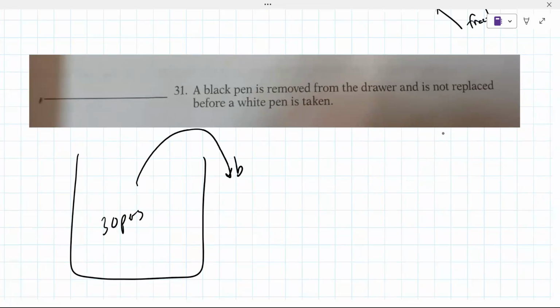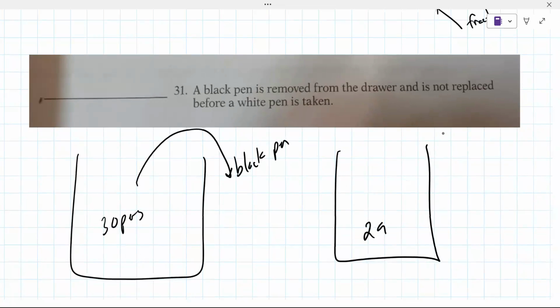In fact, you take a black pen out. So how many pens are left over in the drawer? 29. Okay. How many white pens are in the drawer of the 29? One.